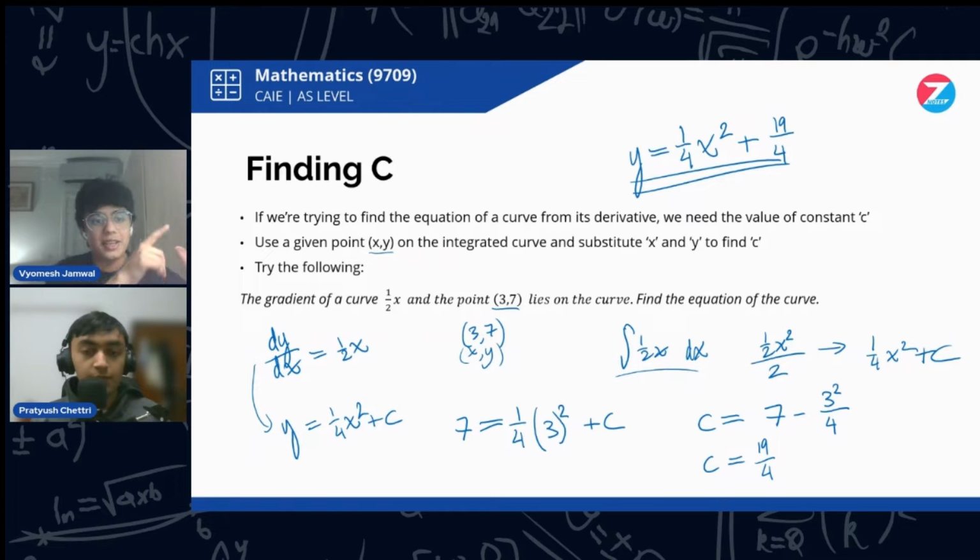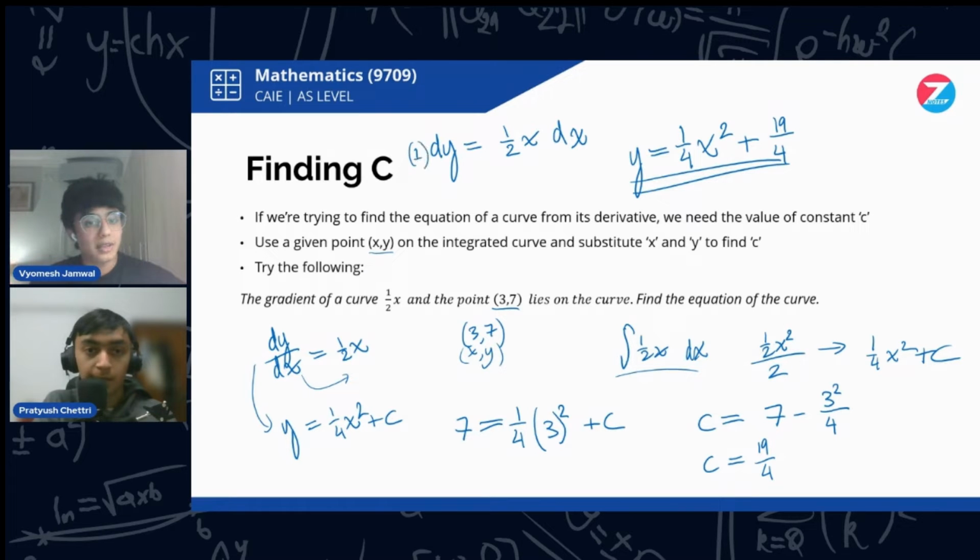So essentially, it's like an integration of 1 with respect to y on the left hand side, and on the right hand side, it's going to be integration of 1 upon 2x with respect to dx.